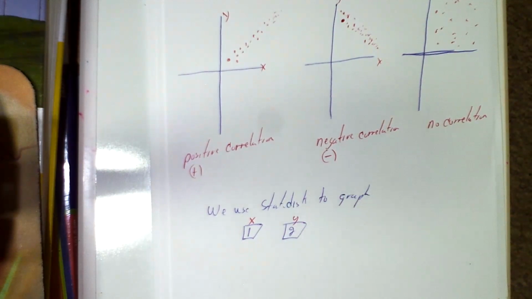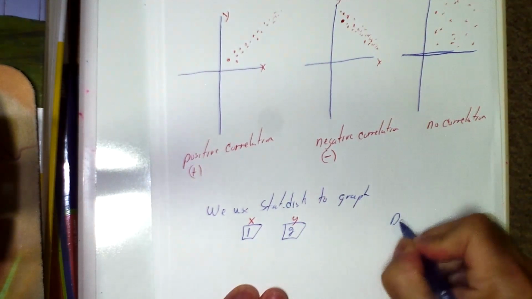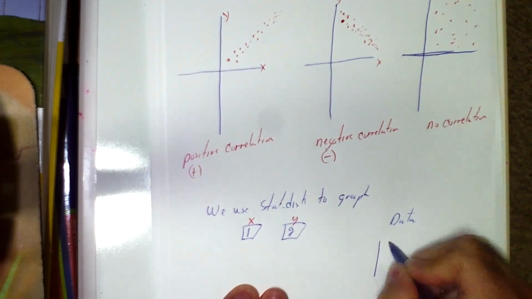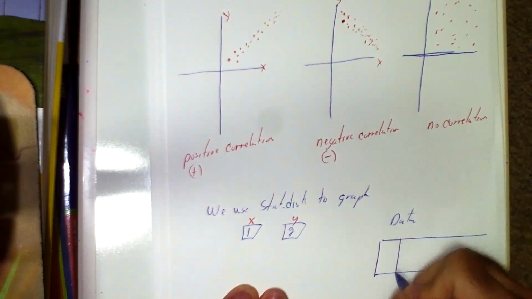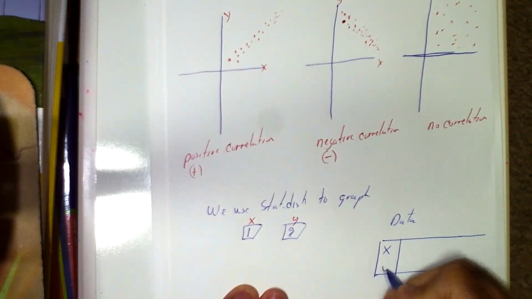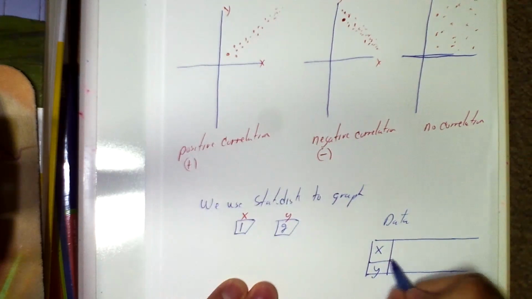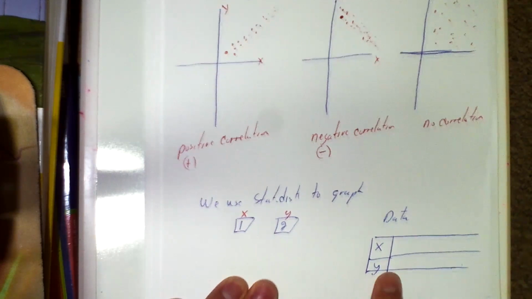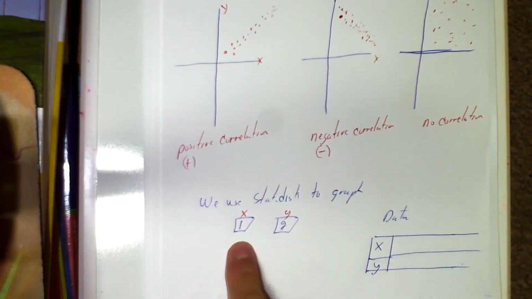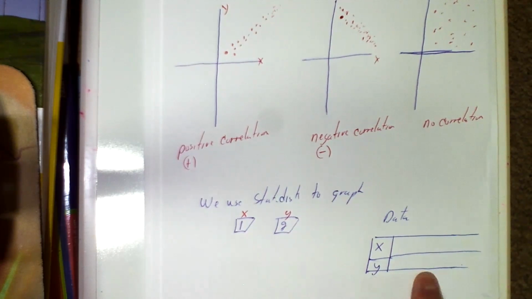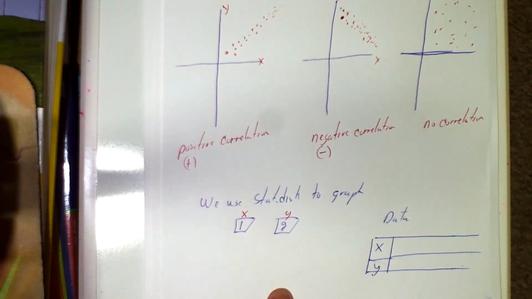Now, the thing is, when you're given data, the data are going to be given in rows. So your first row is X and your second row is the Y. You would have to transpose these numbers into columns. You put this row and transpose it into a column, then get your Y values and transpose them into a column. And then we'll use that to graph.